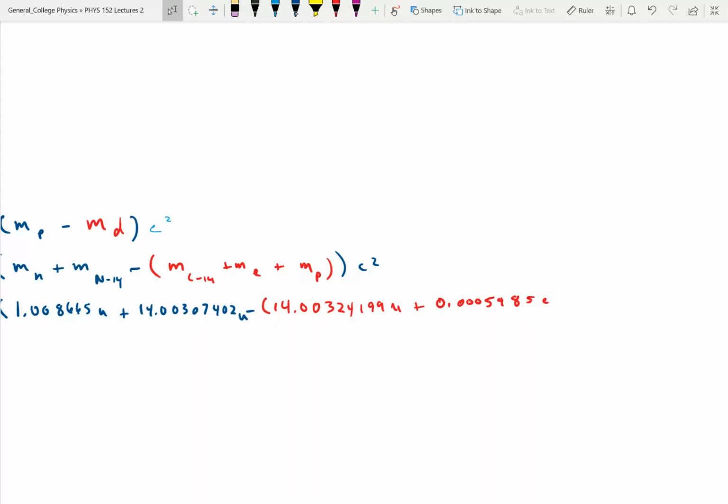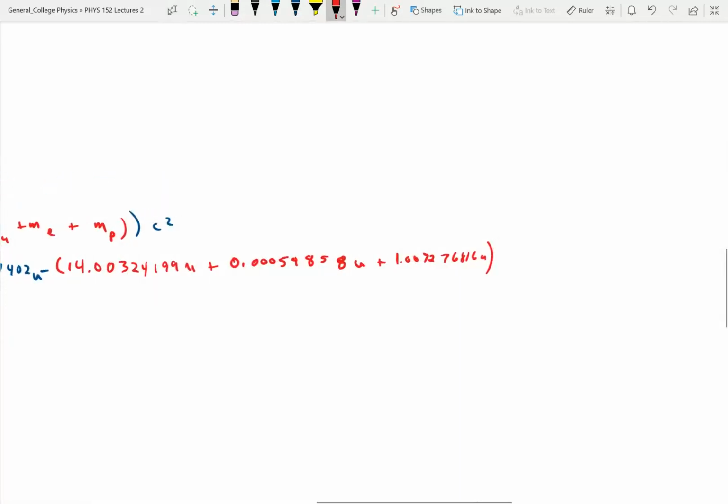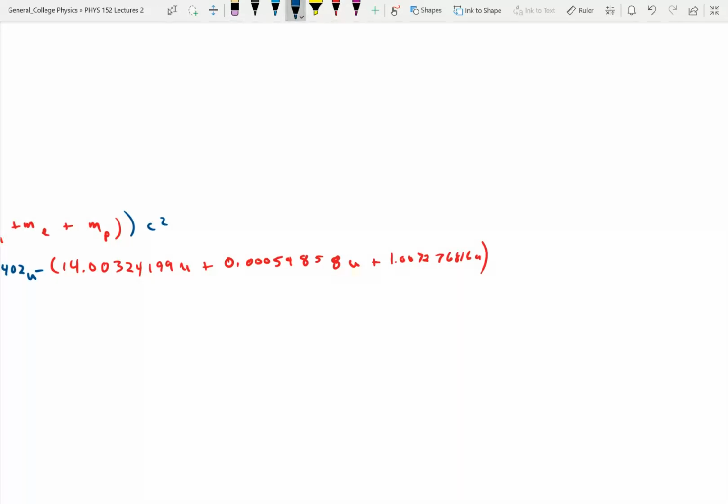That's supposed to be an 8. Then the mass of the proton. Like I said, I actually used the masses and calculated this from my conversion factor.